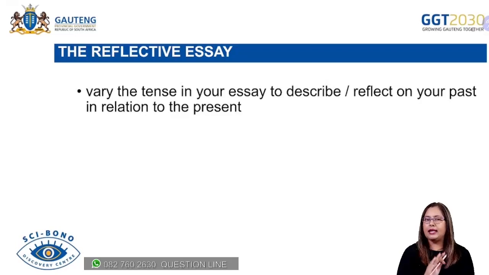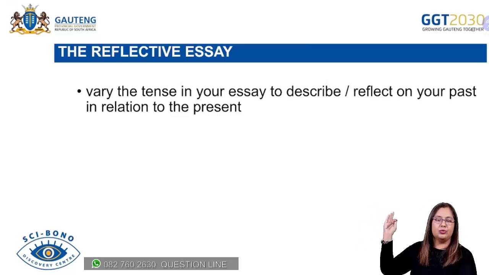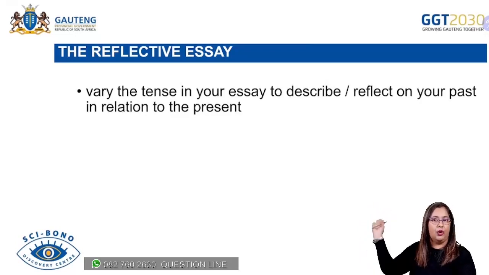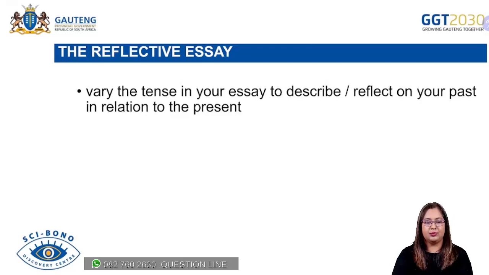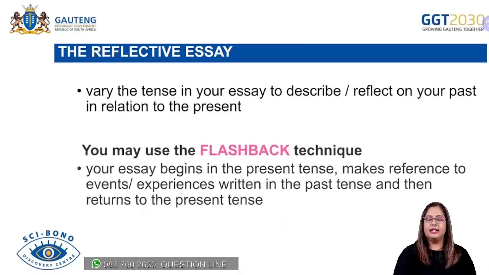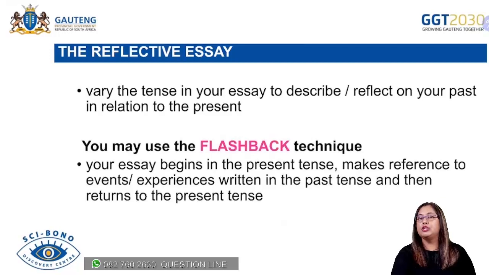There could be an episode or two in your life that is contained in the topic in front of you. And now you can take us through your growth from your past to where you are in the current position. You can essentially use the flashback technique here.